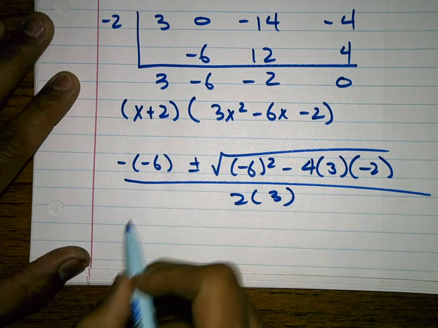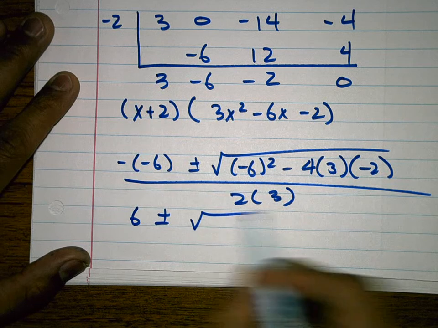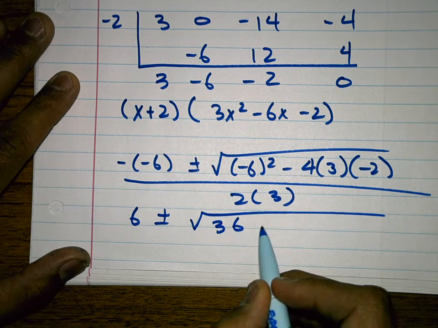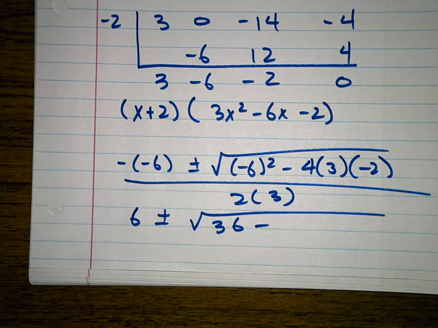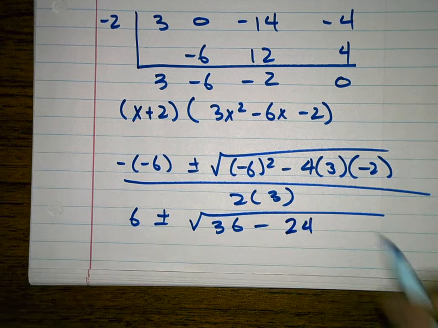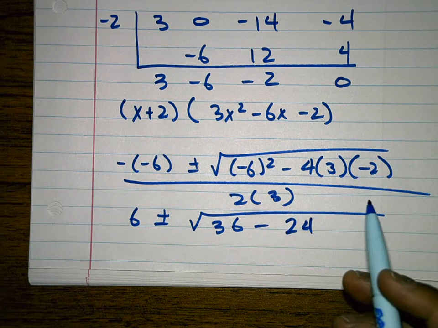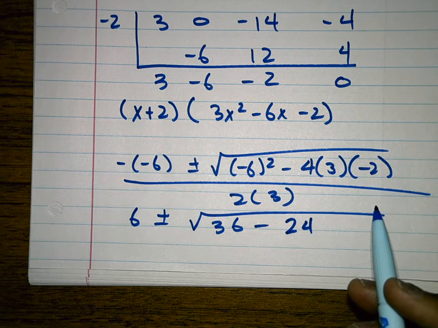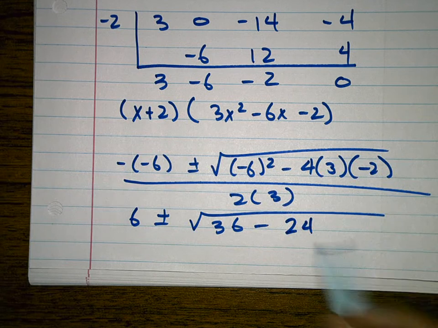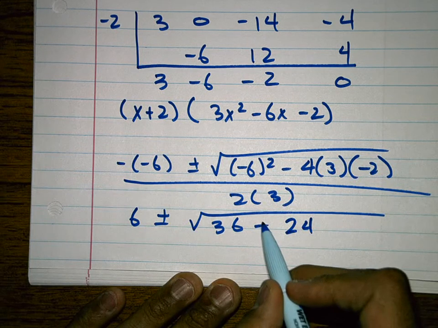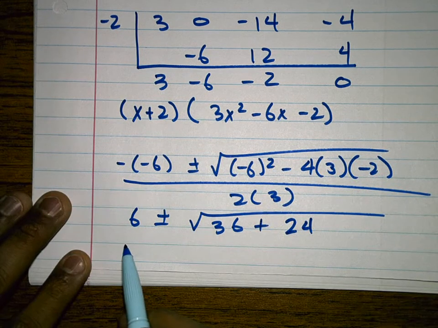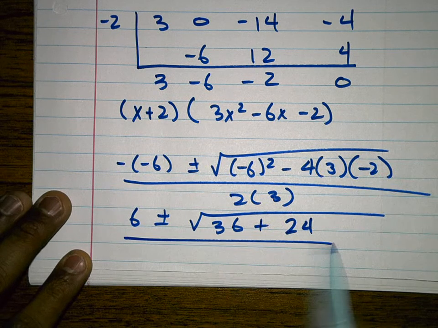And then I'm looking at 6 plus or minus the square root of 36 minus negative 24, looks like. 12 times 2, no, positive 24, all over 6.